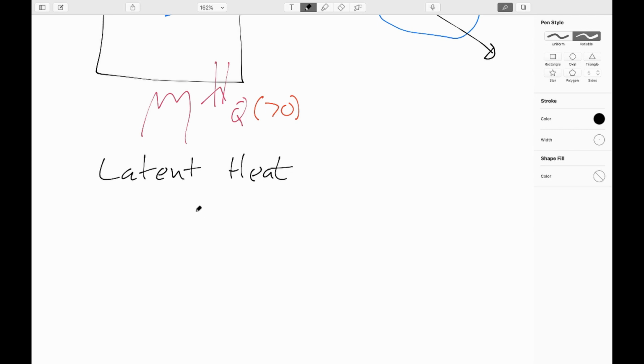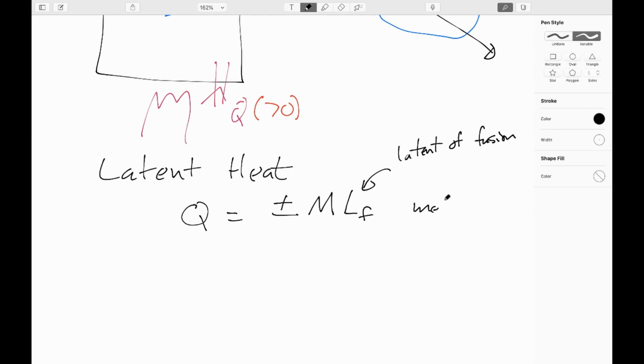So here, the heat, if you are, let's say, melting or freezing something, this will be plus or minus the mass of the thing, because again, that's a proxy for counting how many bonds we're talking about here, times what's called the latent heat of fusion of the substance. That's if you are melting or freezing.